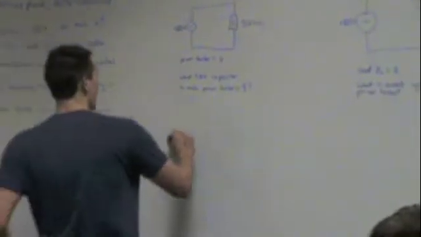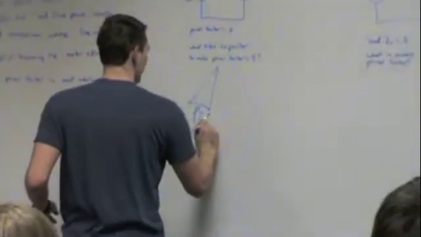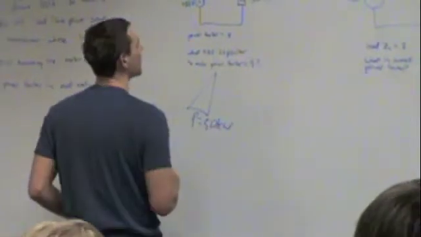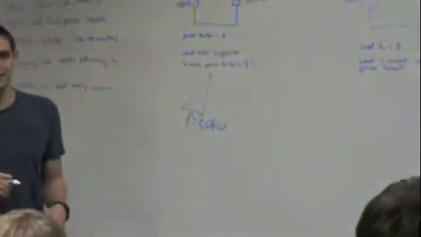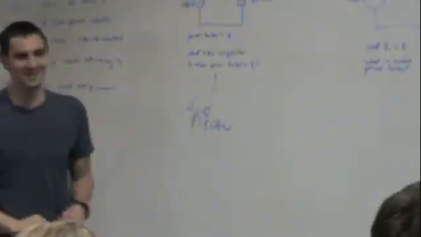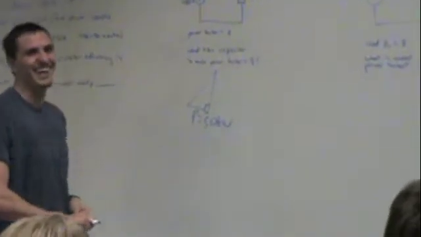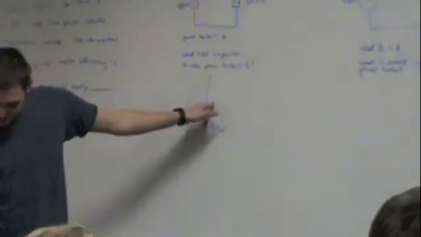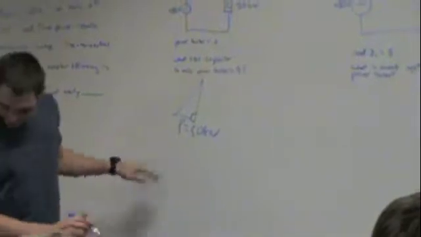So we have P equals 50 kilowatts. Assume this is a right angle. Okay, so this is imaginary. You remember this is S. PF equals cosine of theta, 0.8.